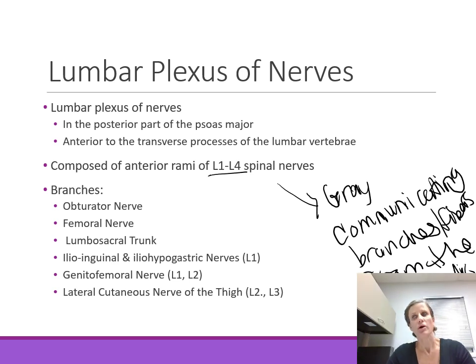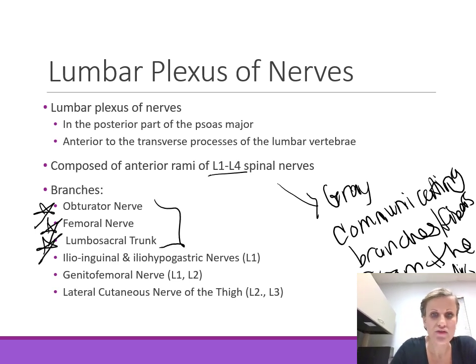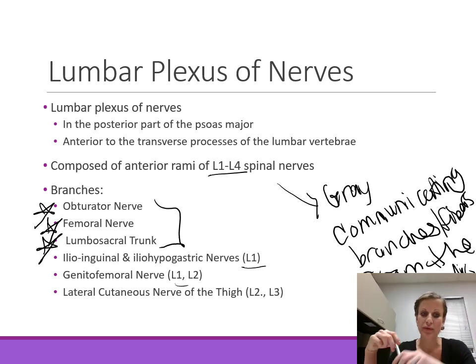The branches from the lumbar plexus include the obturator nerve, the femoral nerve, and the lumbosacral trunk. These three are the largest, so we're going to talk about them in more detail on the next few slides. The ilioinguinal and iliohypogastric nerves come from the L1 spinal nerve. The genitofemoral nerve is from L1 and L2. And then the lateral cutaneous nerve of the thigh is from the L2 and L3 spinal nerves.